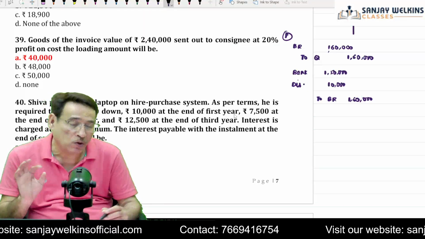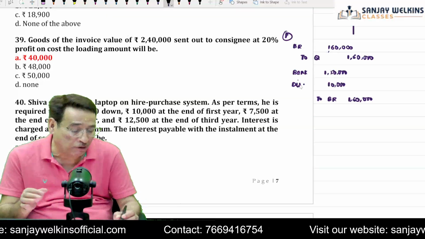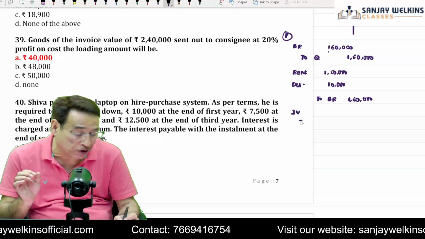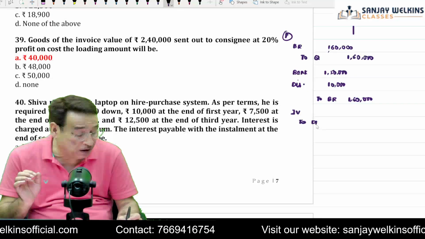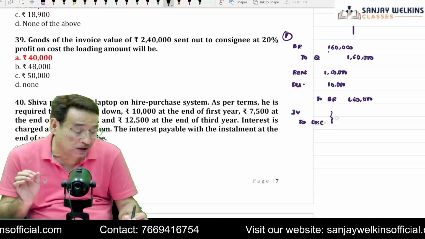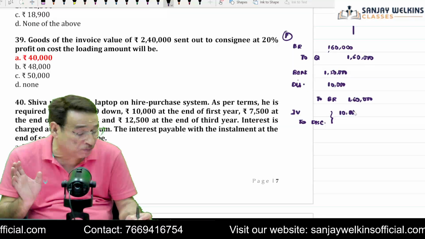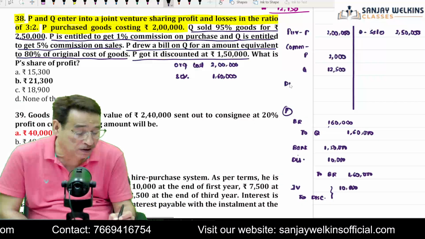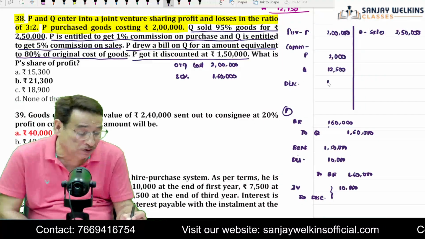But none of these two entries are affecting the joint venture. However, whatever discount is there ultimately will be debited to the joint venture account. Under joint venture, the discount is always debited to joint venture, but in consignment, discount is not debited, correct? So I will write here discount, 10,000.